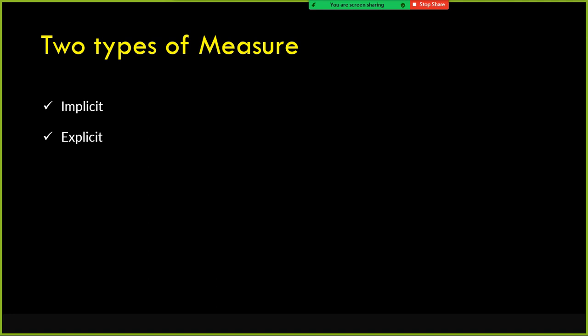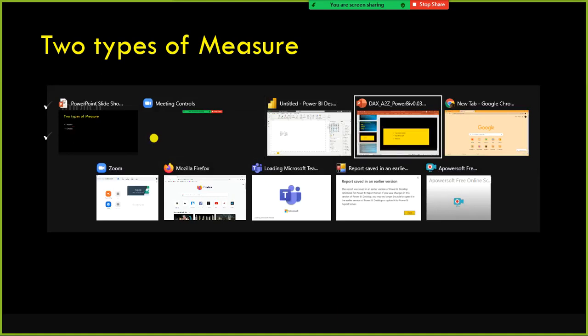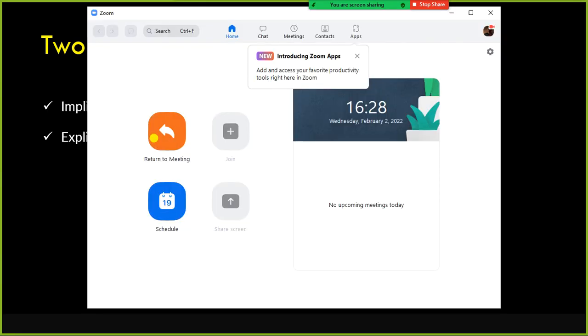Next, within measures there are two types: implicit measure and explicit measure. What is an implicit measure? You might have noticed this in Power BI Desktop. One second, I'll just show you.